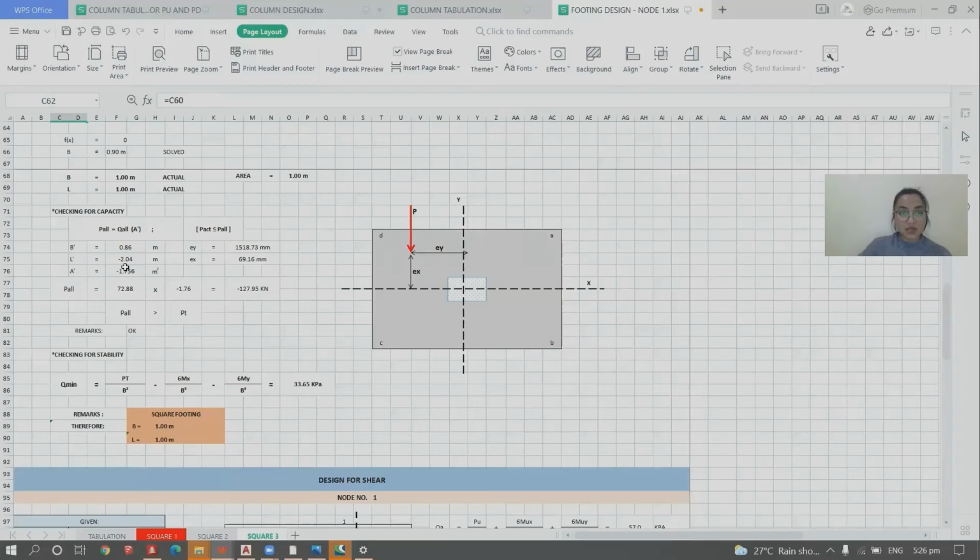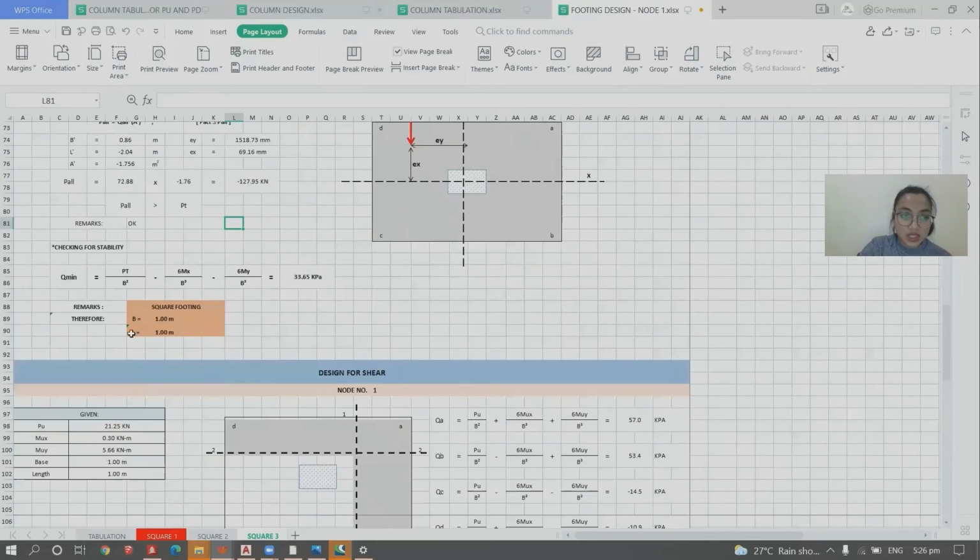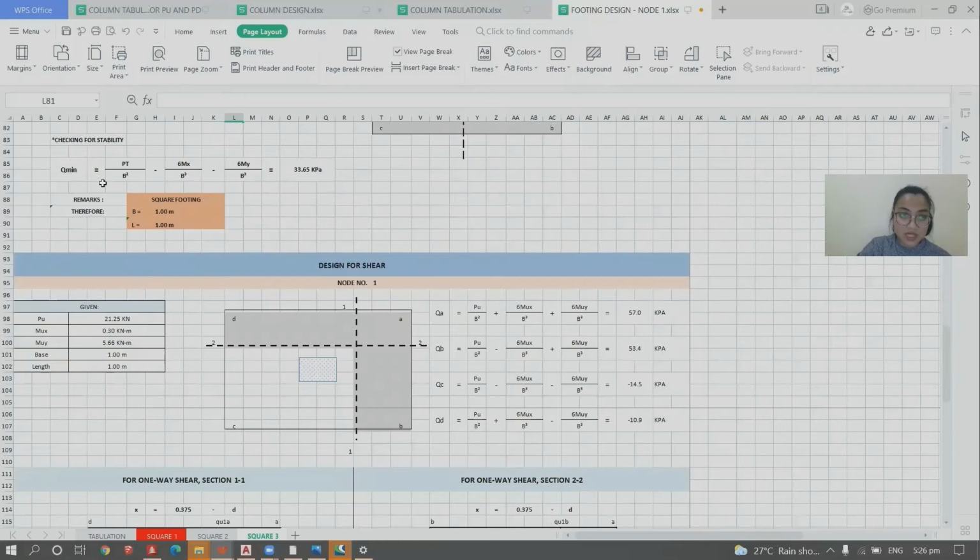Then A prime is negative 1.756. So PL is 72.88 times limit is 125. So check for stability. We have Q min equals PT over B squared minus 6MX over B cubed minus 6MY over B cubed. So basically, to see if the footing design is stable.